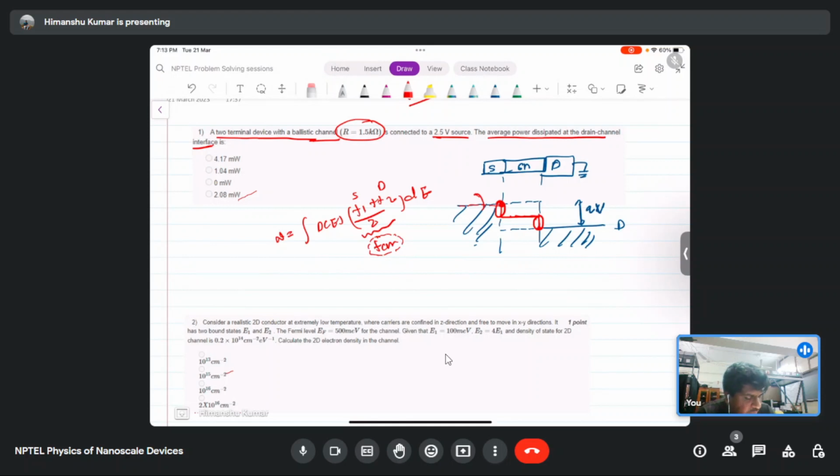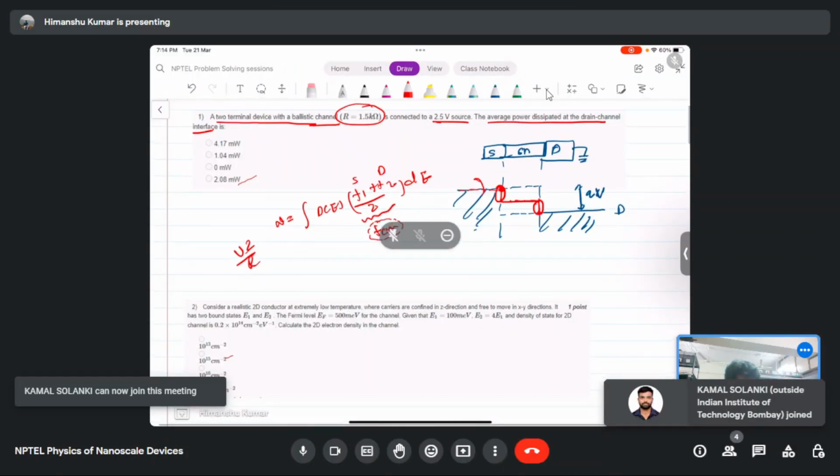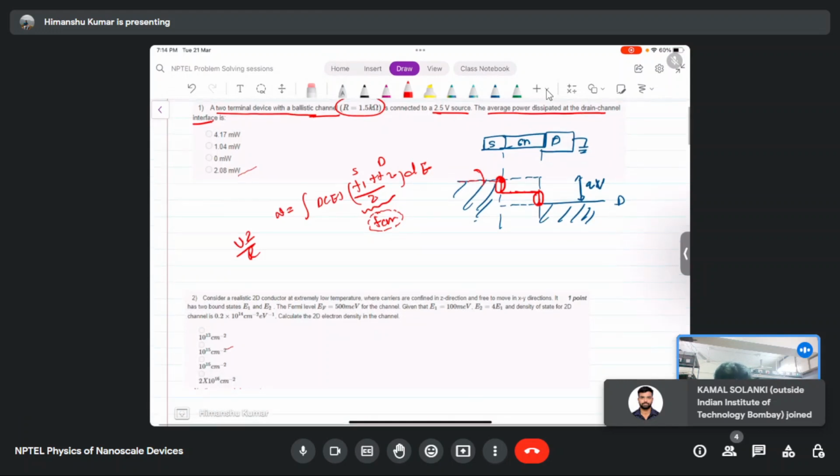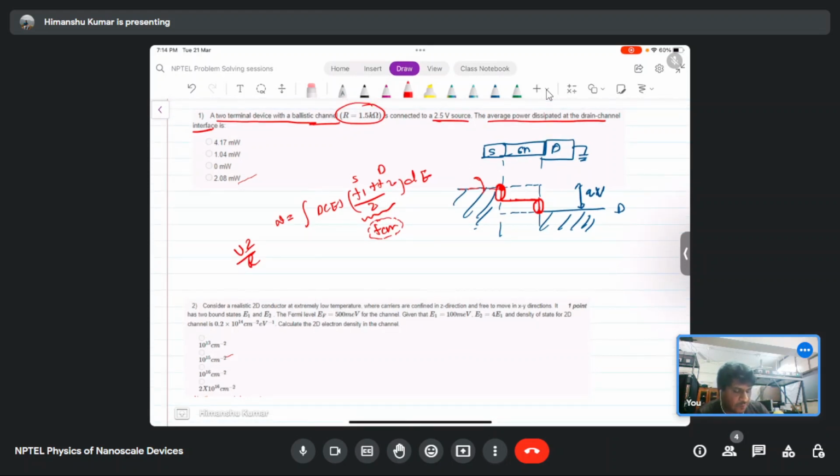and half of the voltage will drop at the other interface, and the total power dissipated will be the same as V square by R. Okay, so total power dissipated will be equal to V square by R. So if we calculate 2.5 square by 1.5 kilo ohm, this will be equal to 6.25 divided by 1.5, and that comes to around 2.008 milliwatt.